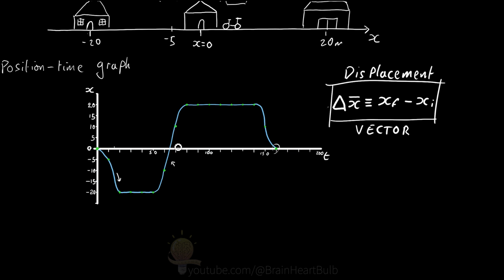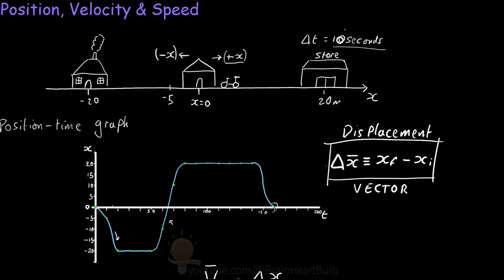With our position time graph, we can also work out our average velocity during two different time intervals. So our average velocity is represented with this equation. The average velocity along the x-axis is equal to our displacement along the x-axis over delta t, which may be 10 seconds, so in between two adjacent plot points, or it could be between any two plot points on this position time graph.